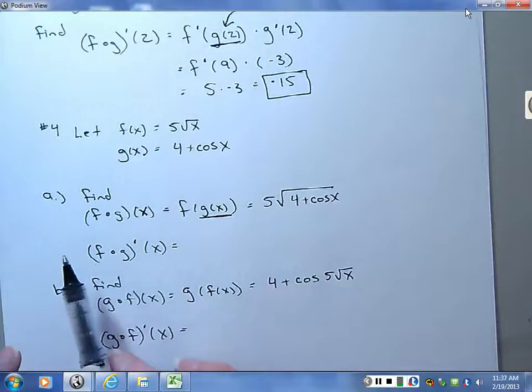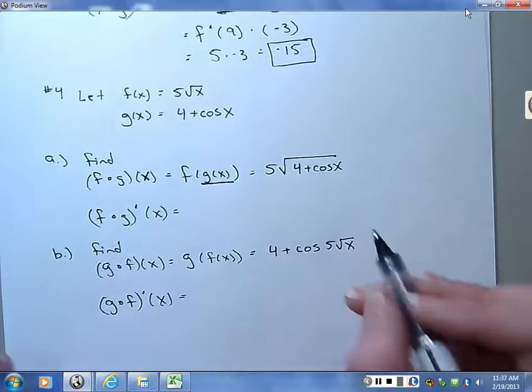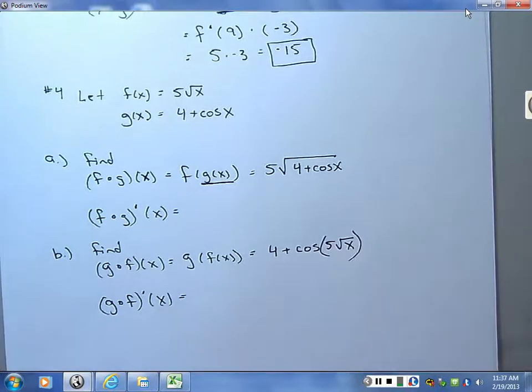So composition's not commutative. F of g is different than g of f. Question? On that cosine, does that mean cosine of 5 times the square root of x? Yes, I know parentheses are important. That's just a number when you're evaluating.